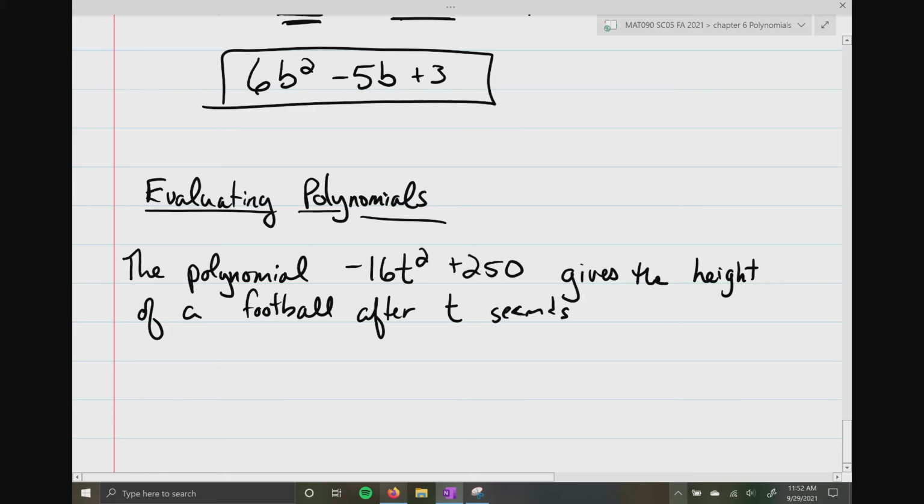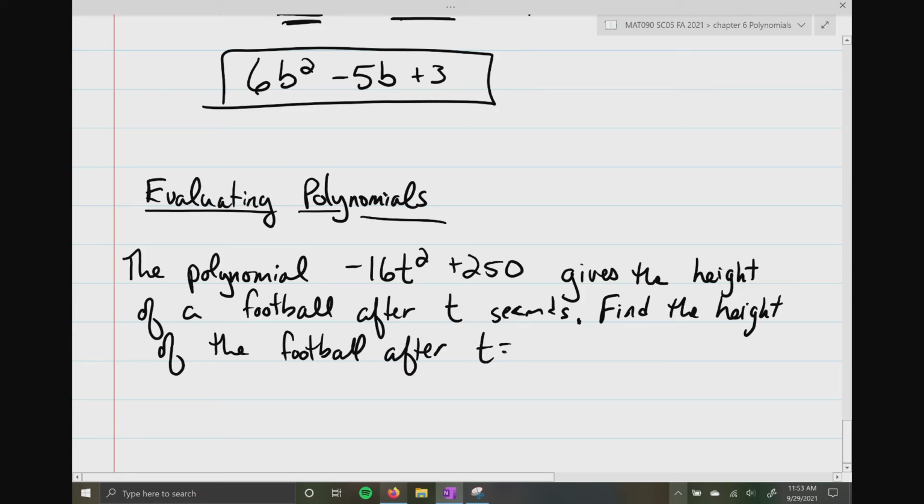So the variable t is measured in seconds, okay? Find the height of the football after t equals 3 seconds.